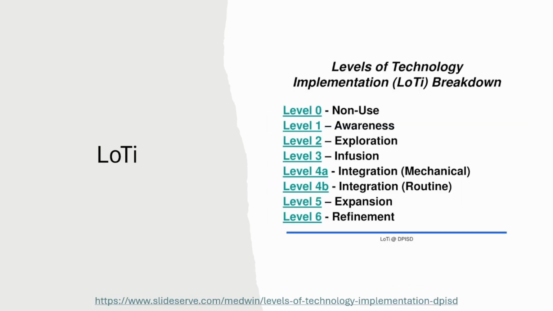Levels of technology implementation, or LOTI. LOTI is a reflective framework first developed by Moorish to assess authentic classroom technology use on a scale from 0 to 6. If assessed at a 0, there is no technology use or only the presence of antiquated technology in the teaching environment.